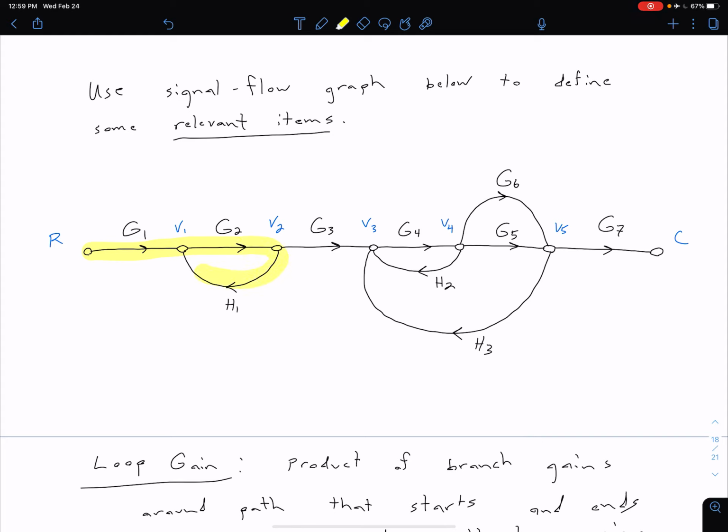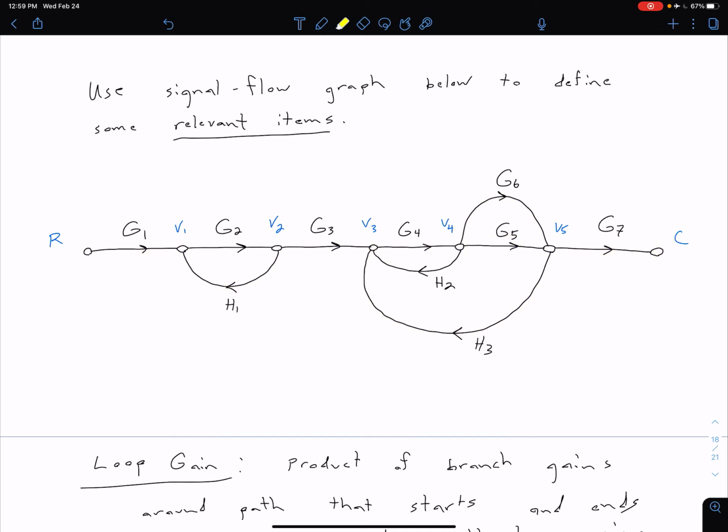The second combination would be our first loop, and we could do our third loop there, like that. We could also go through this loop, and then go up through our G6. Again, we're not actually following along this path, but this is a different way to visualize our non-touching loop gains.